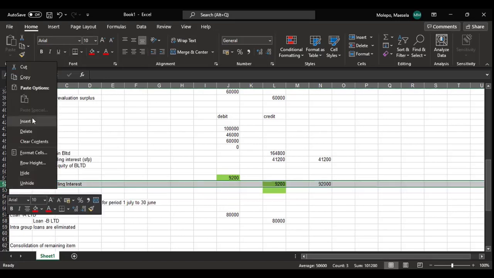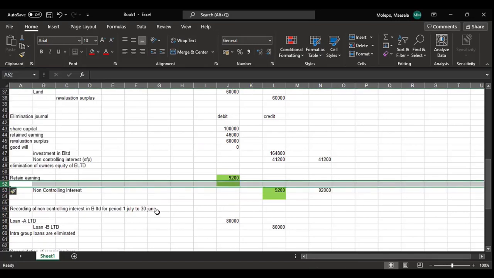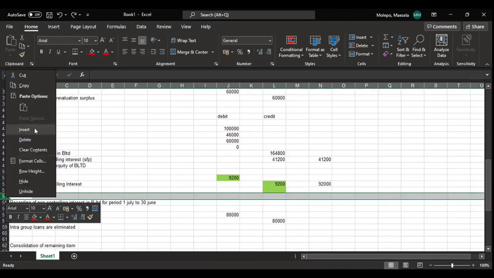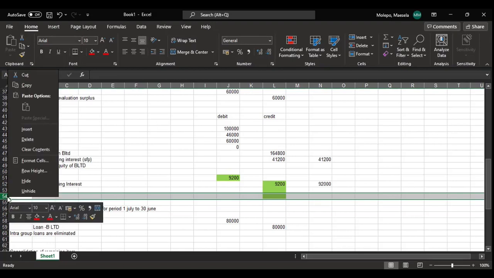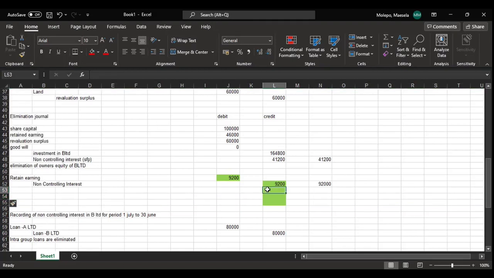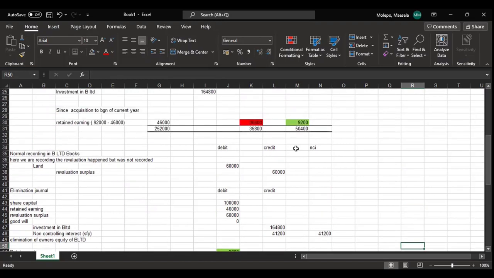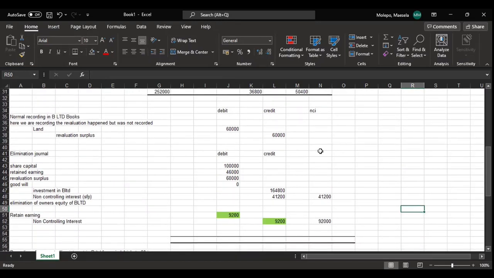Oh, sorry, I'm on the wrong side. So here we're supposed to have the totals. When you take this further, this is 9,200.